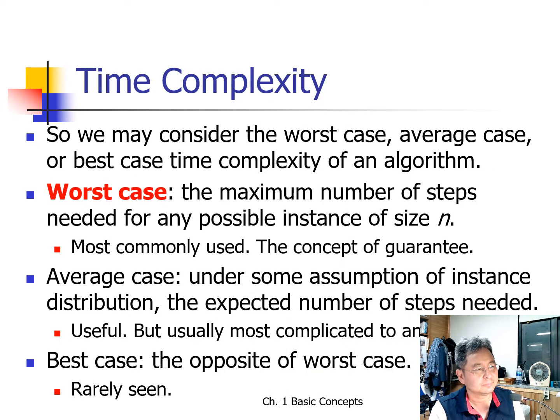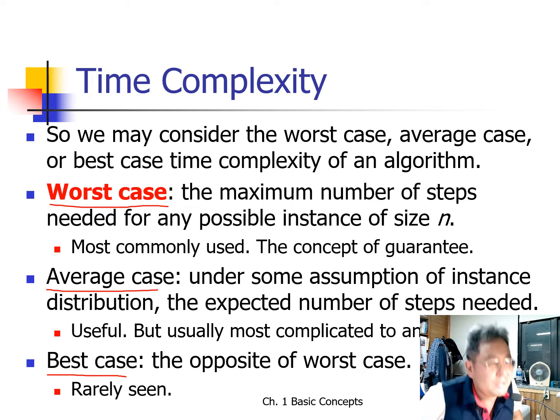Okay, so we can consider the cases of an algorithm as three cases: worst case, average case, and best case. In time complexity, which one will be used? Which one will be useful? Every human must be very optimistic rather than pessimistic.